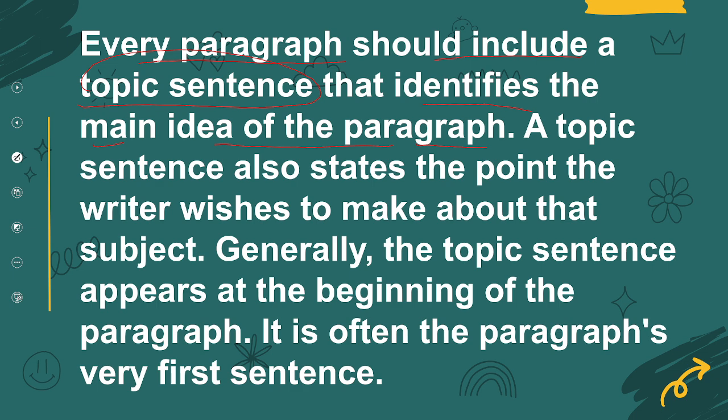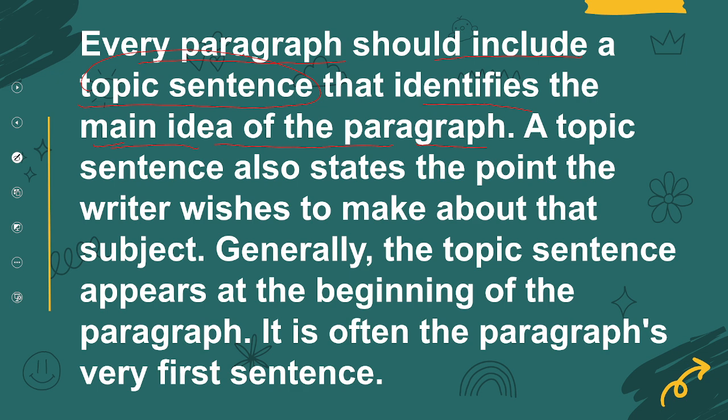This is why we divide our text, our essays, or different written texts into different paragraphs so that we can talk about the idea in a very organized way, and in each paragraph, the very first sentence will be your topic sentence. This is the identification of a very well written paragraph, that it contains a topic sentence.